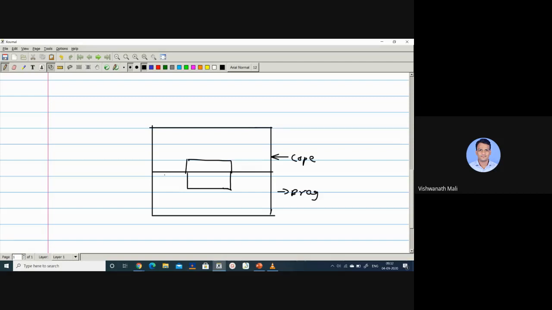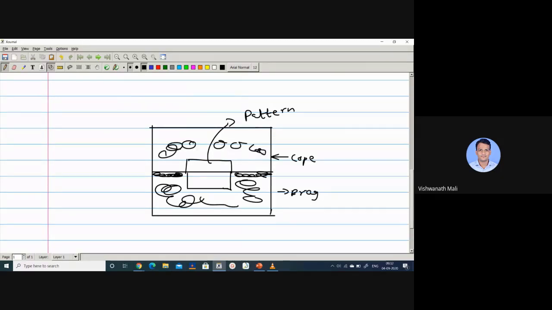Now we need to remove this cope and drag, and after removing, we need to remove this pattern, right? While removing, there is sand in this area, and in this area also there is molding sand.